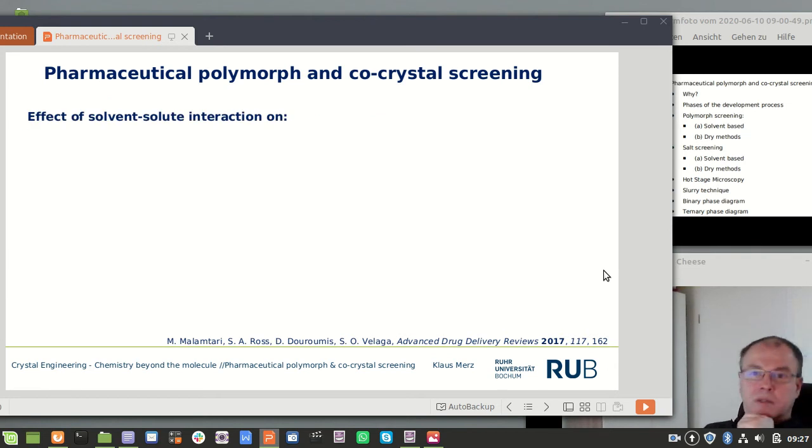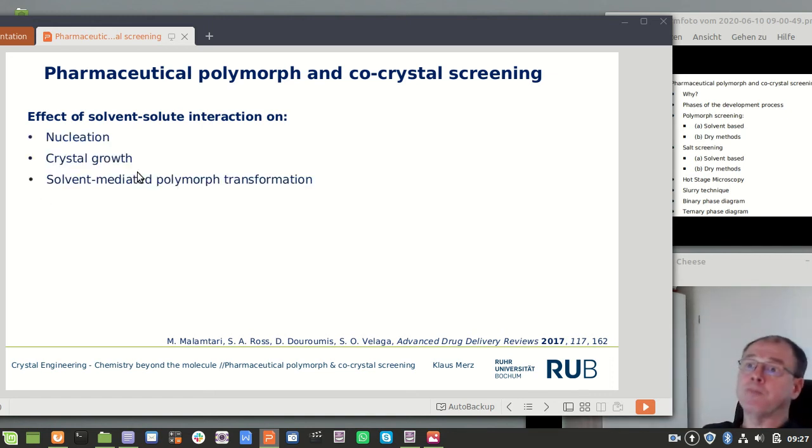We talked several times about the importance of intermolecular interactions, not only between two components in a co-crystal, but also the interaction of a material, your product, and your solvents. So the effect of solvent-solute interaction. This is very important when talking about the nucleation process, the first step in the crystallization process.